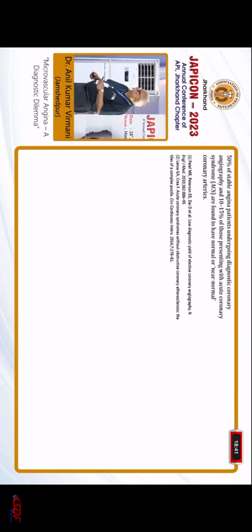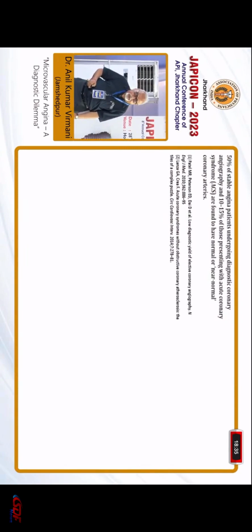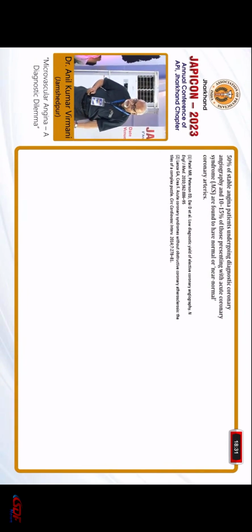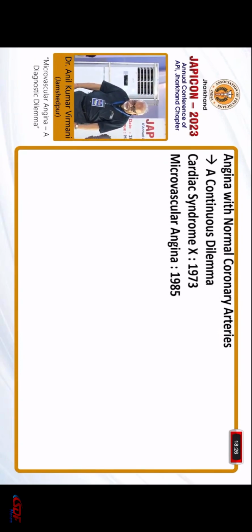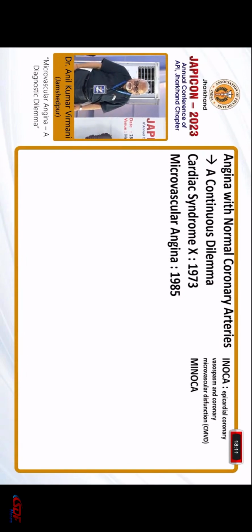Now, 50% of the stable angina patients who undergo diagnostic coronary angiography, and 10 to 15% of those presenting with acute coronary syndromes have normal or near normal coronary arteries. This is called angina with normal coronary arteries, and it has been a continuous dilemma right since 1973, when it was labeled as cardiac syndrome X, and in 1985 as microvascular angina.